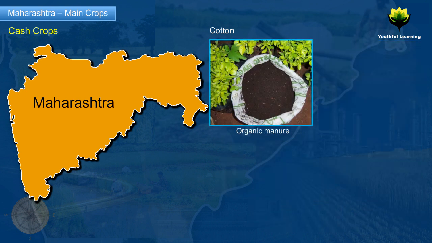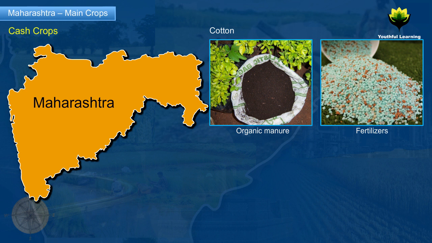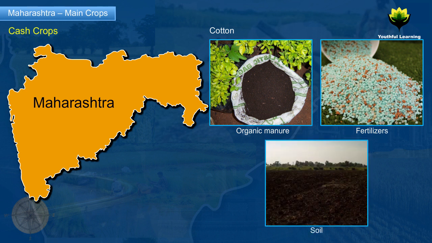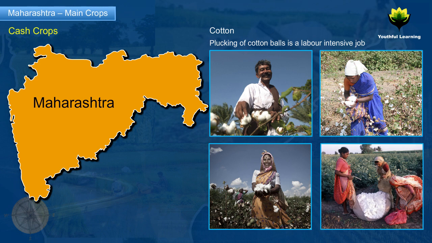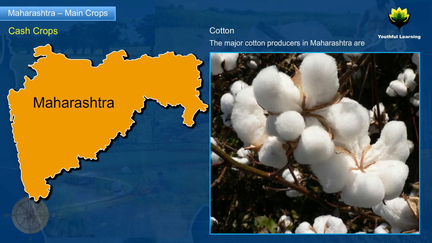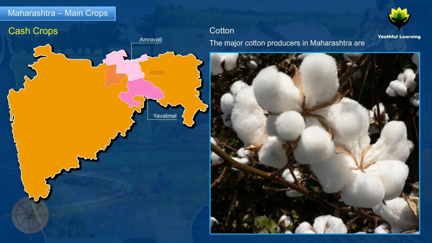Cotton needs organic manure and fertilizers as it absorbs high amounts of nutrients from the soil for its growth. Further, plucking of cotton balls is a labor-intensive job. The major cotton producers in Maharashtra are Yavatmal, Amravati, Akola, Washim, Buldhana, Dhule, Jalgaon and Nanded districts.